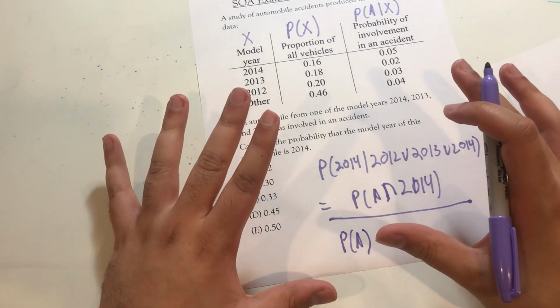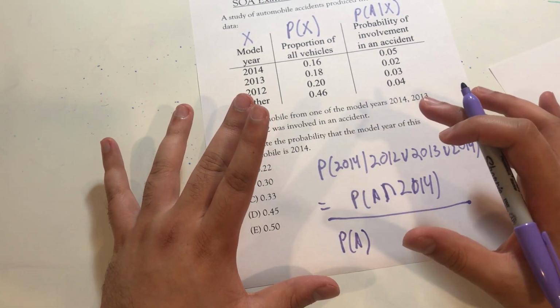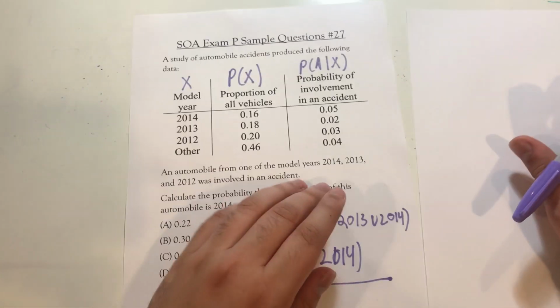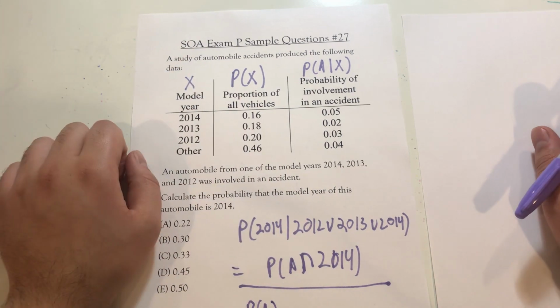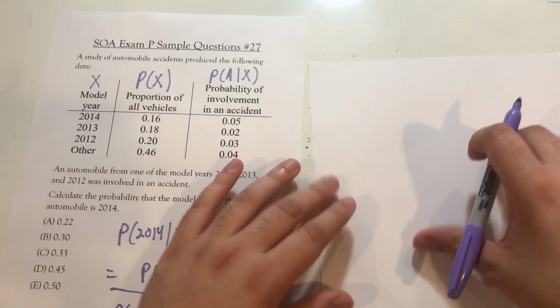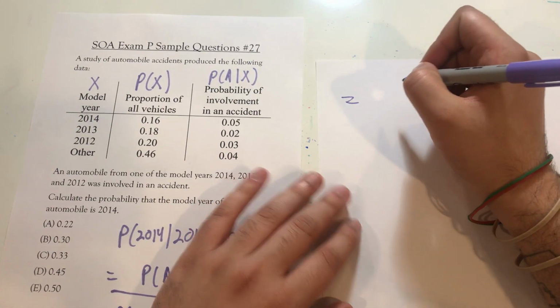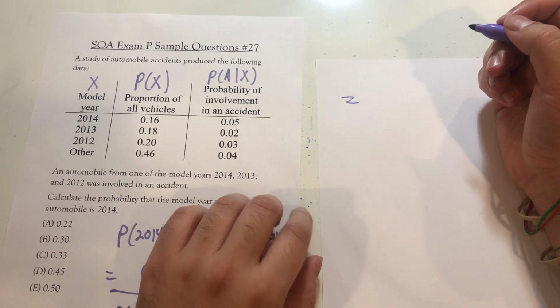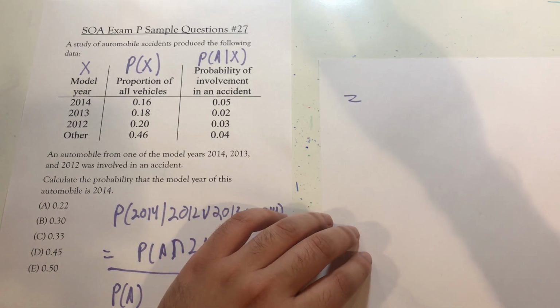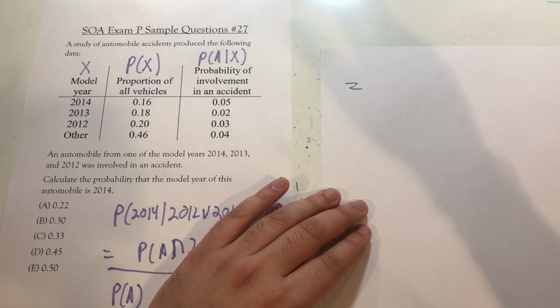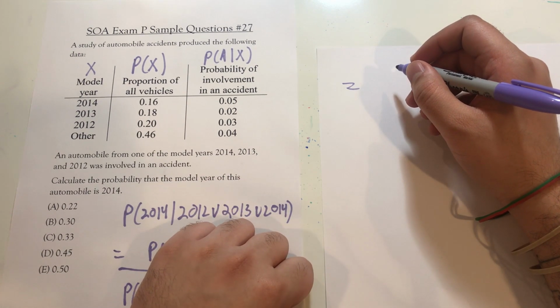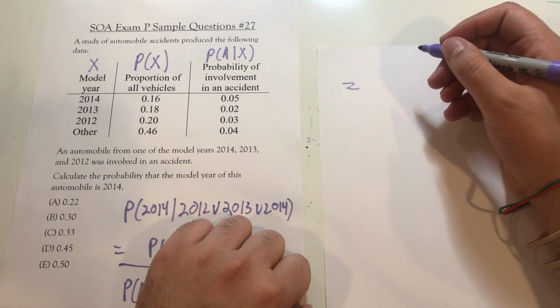right? The notation's weird because I got all the numbers, but these are easy enough to put in. I don't have to actually compute anything because I have the numbers already. All right, so my numerator is going to be the following. From Bayes theorem, it's going to be the probability of getting in an accident given that you're from the correct year, 2014, multiplied by the probability of being a 2014 car.